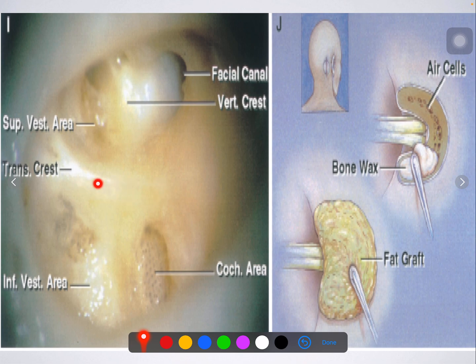Lower down below the transverse crest in the anterior inferior compartment is the cochlear area for the cochlear nerve, and in the inferior posterior compartment is the inferior vestibular area for the inferior vestibular nerve. So that's why I said this is the right side, because this is anterior and this is posterior.